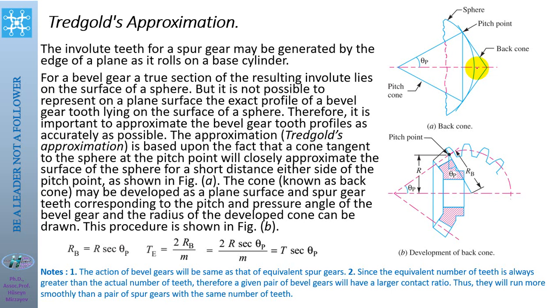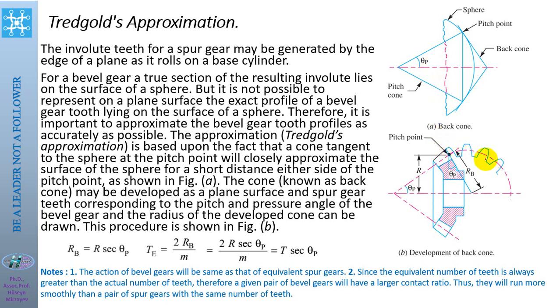The approximation, called the Tredgold approximation, is based upon the fact that a cone tangent to the sphere at the pitch point will closely approximate the surface of the sphere for a short distance on each side of the pitch point, which is shown in this figure. This cone is called the back cone, and this angle is the pitch angle.